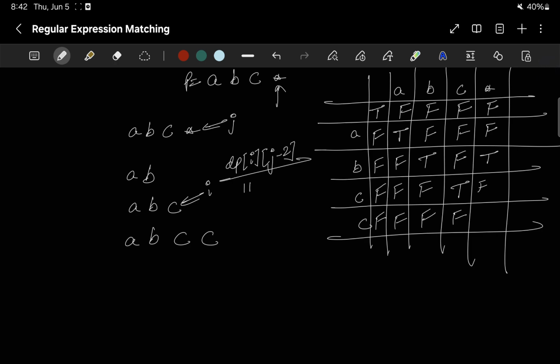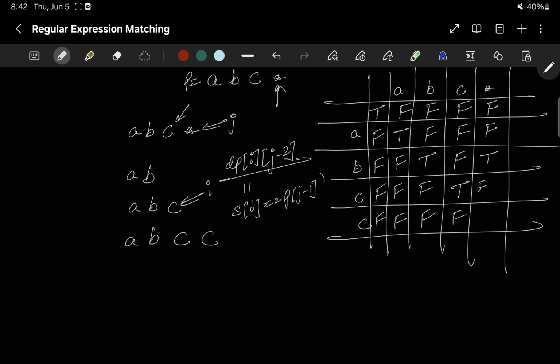Okay. So when we try to include C, we will do the OR condition with S of I. I means it's here. Is S of I matching P of J minus 1? Like, is this I matching the J just before the star?